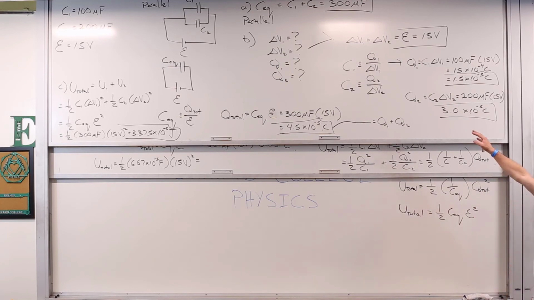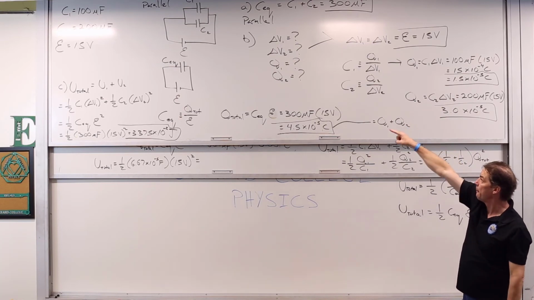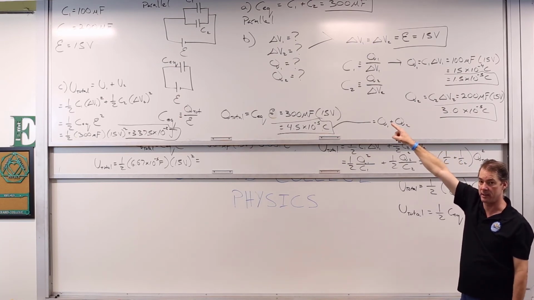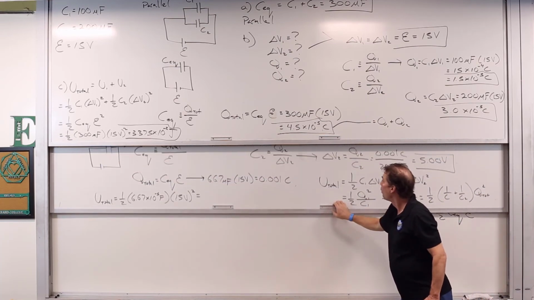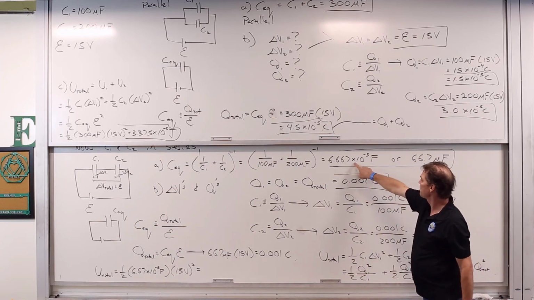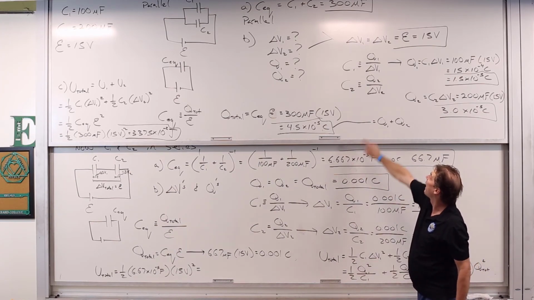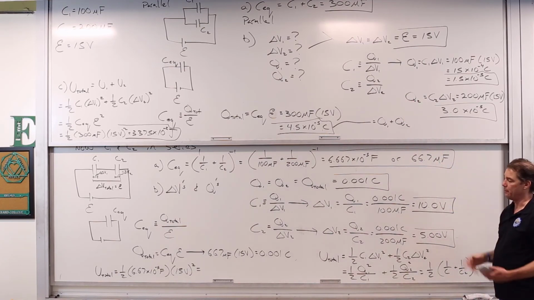Hopefully you say it's going to be the parallel case because we increased the overall capacitance of the system by placing those two capacitors in parallel. Whereas with the series case, we decreased the overall capacitance. CEQ is 6.667 times 10 to the -5. There is 300 microfarads. 66.7 microfarads.